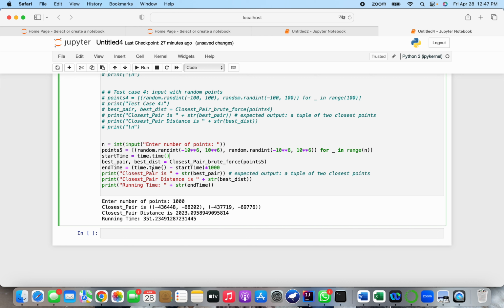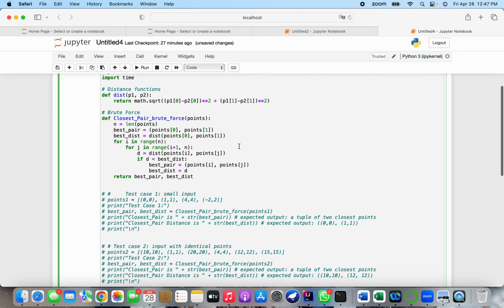My time starts here, and after that I compute the method, and the end time is time.time minus the start time, times 1000. So this will give me milliseconds. If you don't multiply by 10 power 3, it will be in seconds. That will be my output. So that's how brute force works.